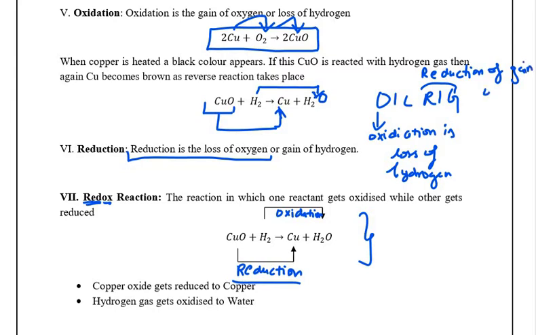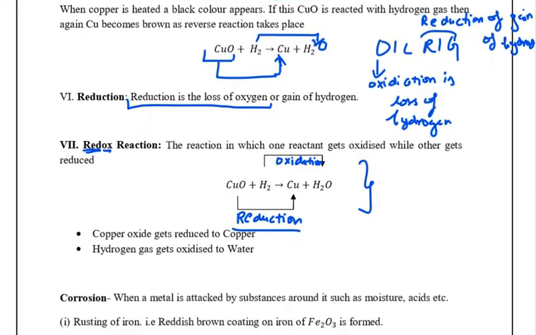I am not talking about oxygen. I am talking about hydrogen, or we can say electrons. So oxidation is loss of hydrogen and reduction is gain of hydrogen. Now in this case, we must remember that oxidation is gain of oxygen and reduction is the loss of oxygen, and vice versa for the case of hydrogen.